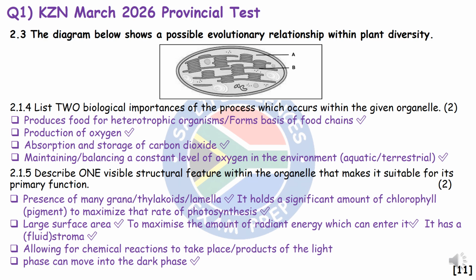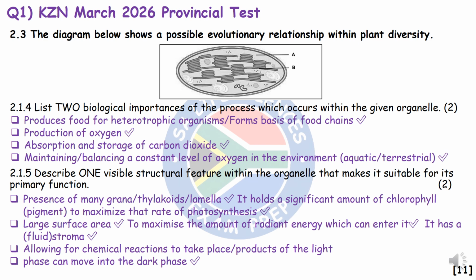What is that thing? The structural feature. So when we look at the chloroplast, there are a number of structural features. And then once we have listed that structural feature, we then have to say how that feature enables photosynthesis, right? So when it says for its primary function, that is photosynthesis. So how do the different parts of the chloroplast allow it to carry out its function?